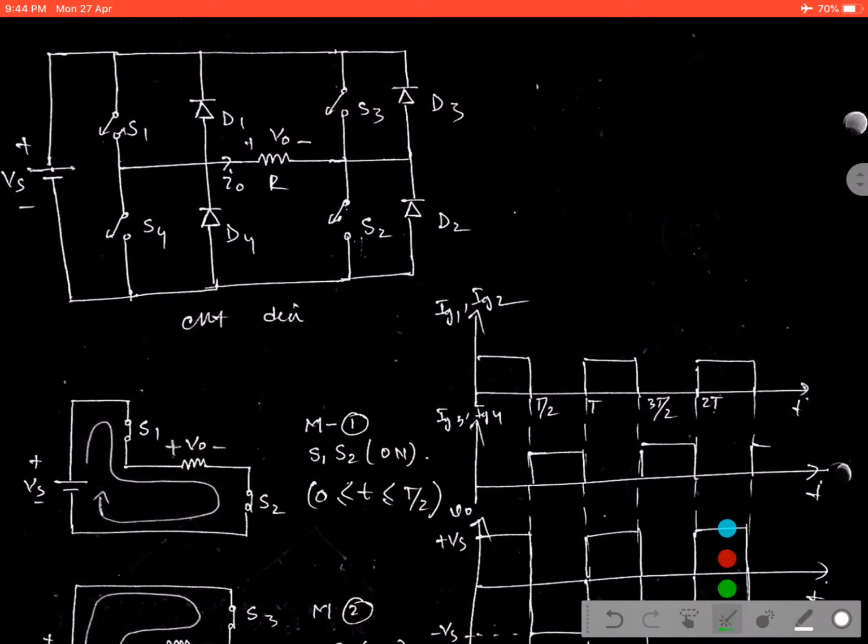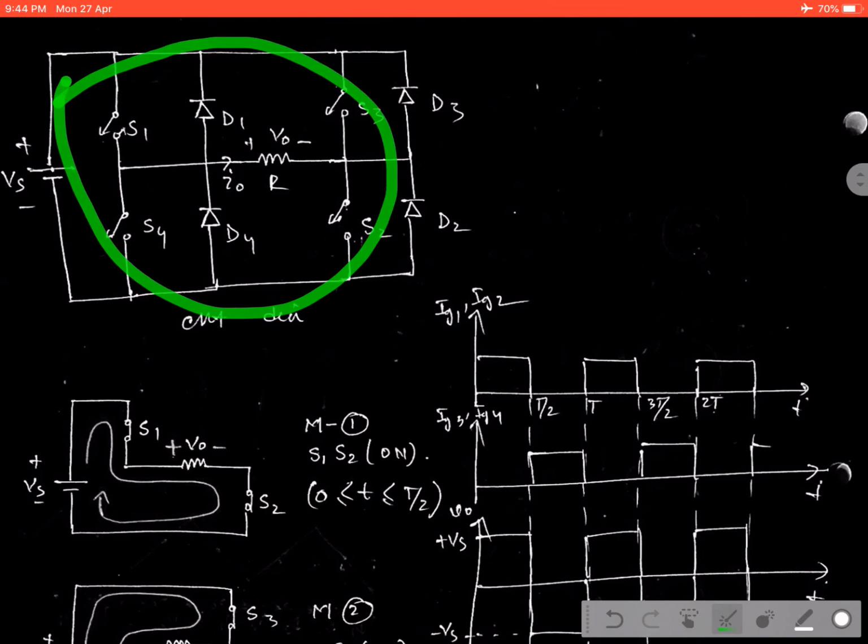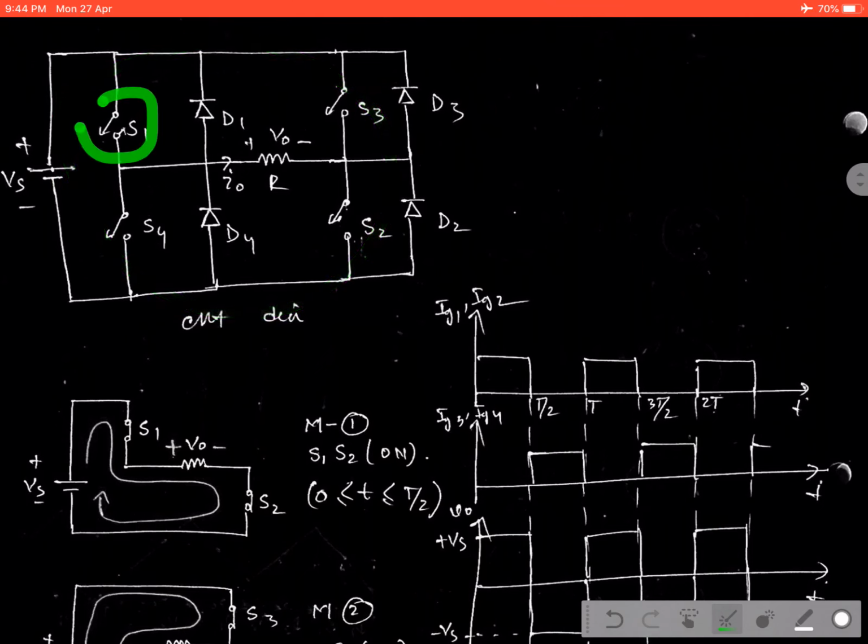And as it is a full bridge inverter, that is why we are using a bridge circuit over here, in which we are using the 4 switches S1, S2, S3, S4, and we are applying the constant DC supply or DC link voltage having magnitude Vs, and only R load is there.